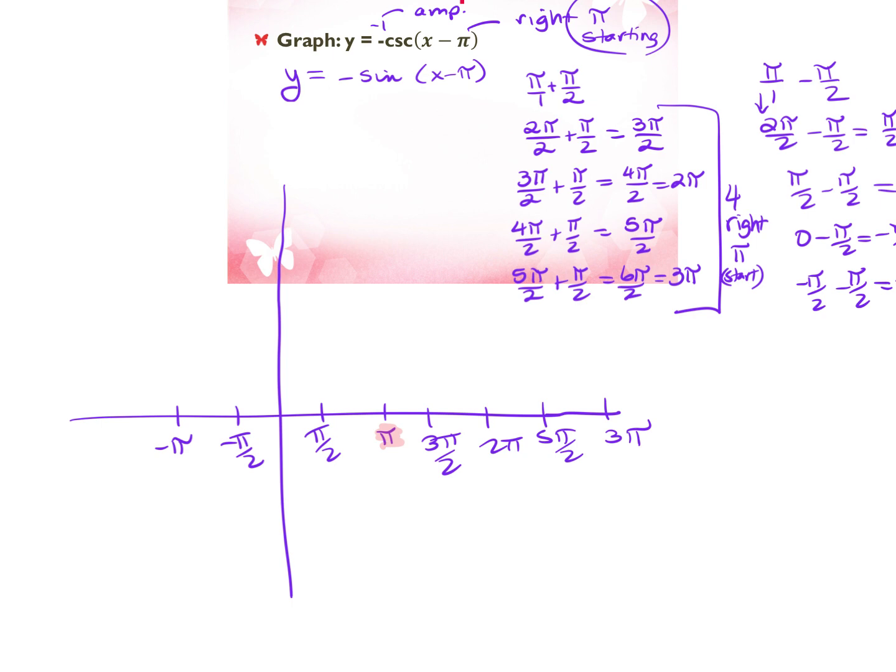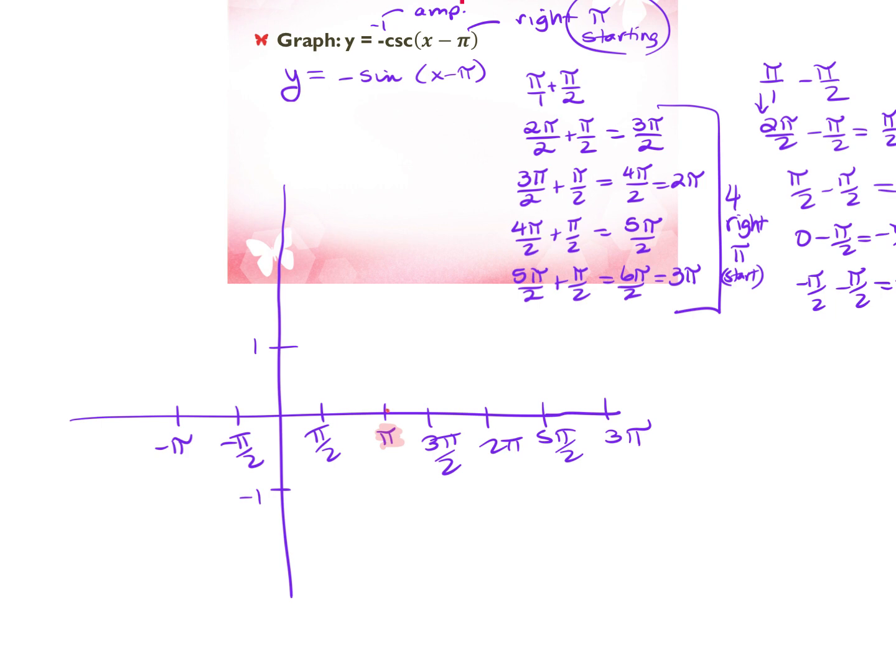Okay, so pi is my starting point. Again, I have to graph the sine graph first. Let me add in my amplitude. So it's a -1. All that -1 is going to tell me is I go down to -1 first. Because remember, sine normally starts at 0, 0. However, we're starting at pi on the 0.